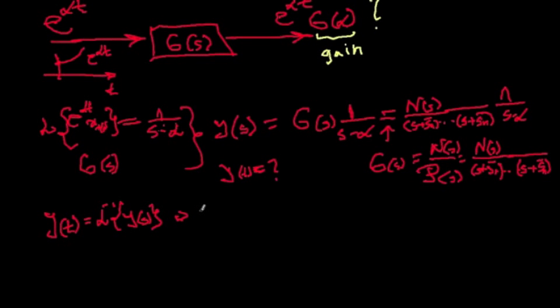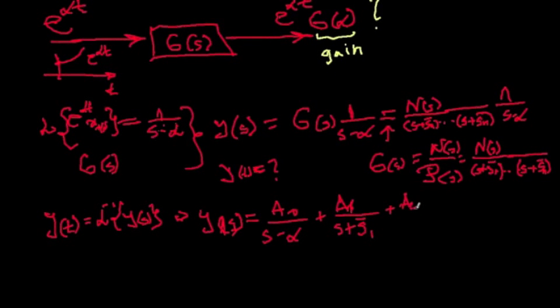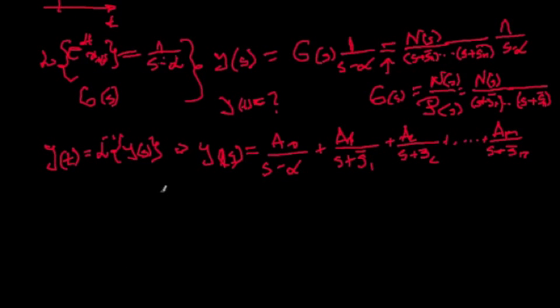Therefore we write Y(s) as a0 divided by s minus alpha plus a1 divided by s plus s1 plus a2 divided by s plus s2 and so on, plus an divided by s plus sn. And now we are interested in finding these coefficients.